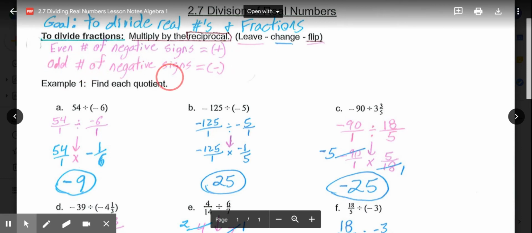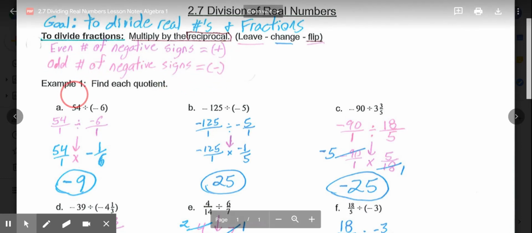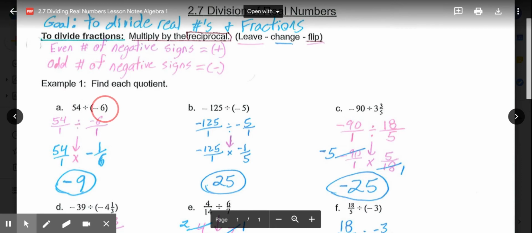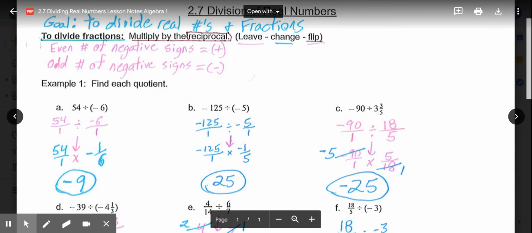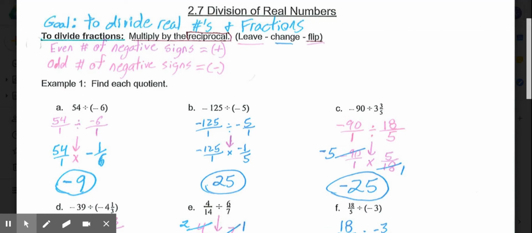If you have an odd number of negative signs, for example, positive divided by a negative, one negative sign, we get a negative answer. So just like multiplication, a negative divided by a negative gives us a positive. Positive divided by a positive gives us a positive. And if we're dividing one negative and one positive, we always get a negative.